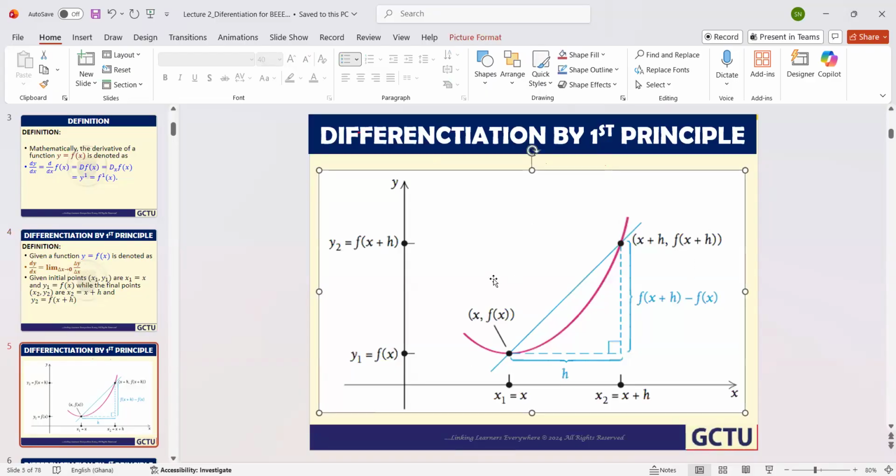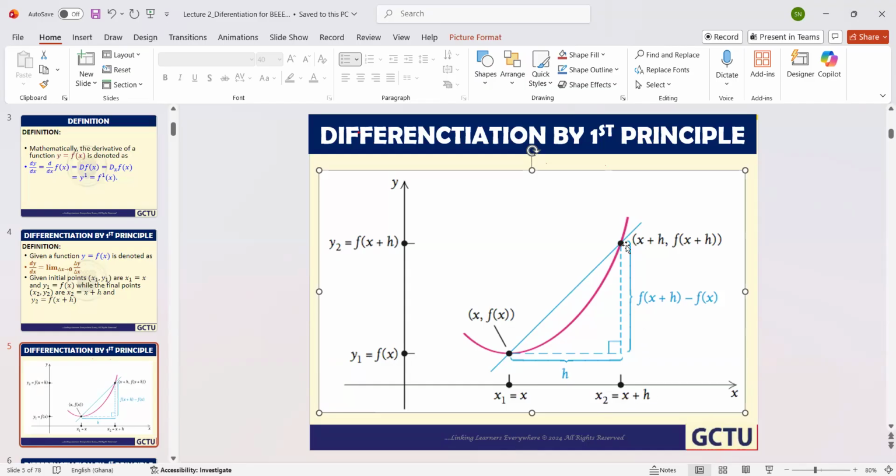So we want to differentiate this curve that has been given. If you take two points on the curve, my x1 is x and my y1 is f of x. Then my x2 is the increment from x, so that gives me x plus h.